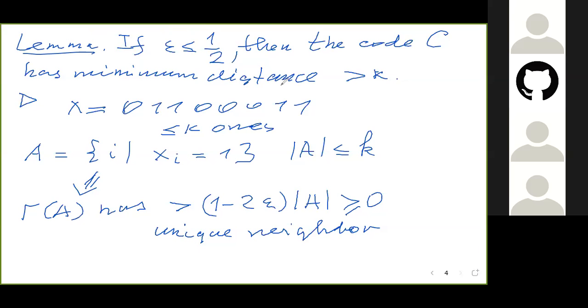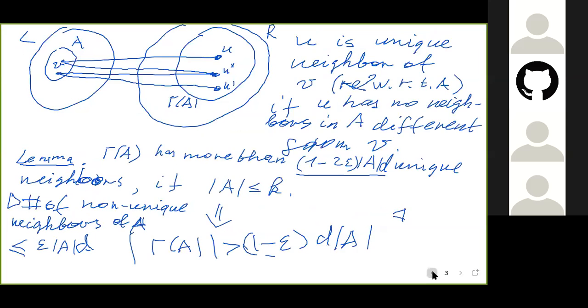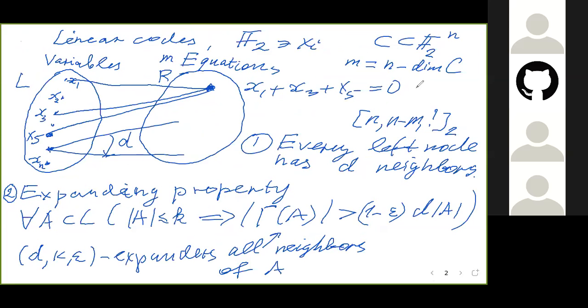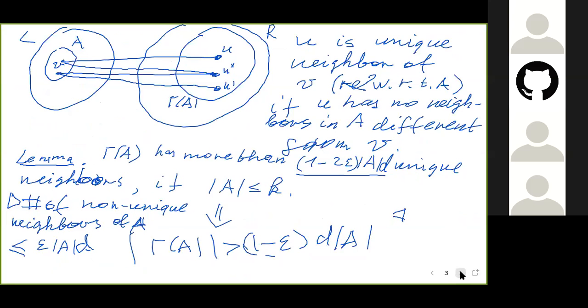The equation, its left-hand side is 1, and it's a homogeneous equation, all our equations are homogeneous, and the left-hand side includes only one variable from A. So the equation is wrong. Such equations will be just called wrong.